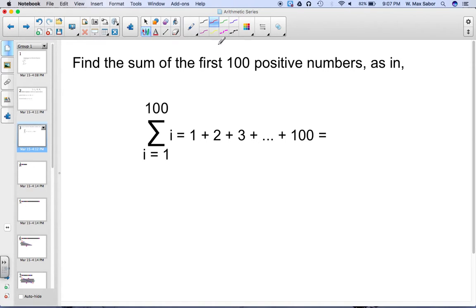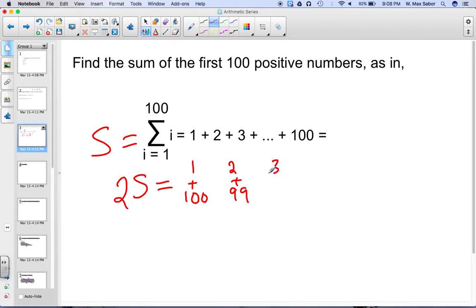So what he said was, well, let me take another copy of this. If I call this S, 2 times S will be the same thing as 1 plus 100, 2 plus 99, 3 plus 98, and essentially listed out all of these up through 100, but he didn't bother writing it out.